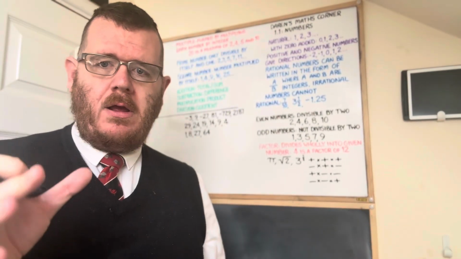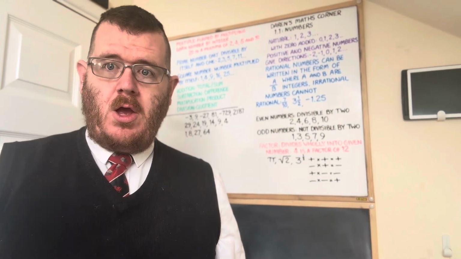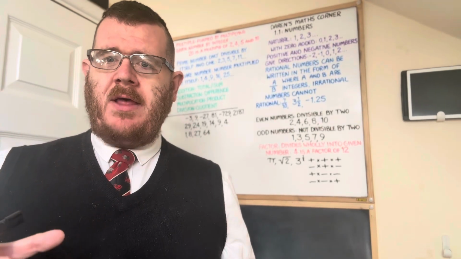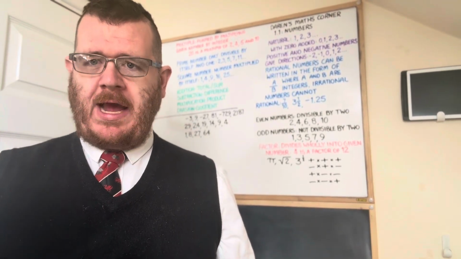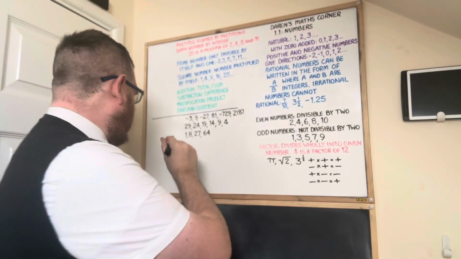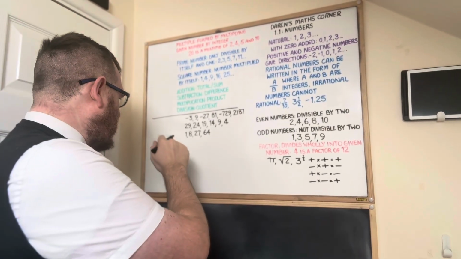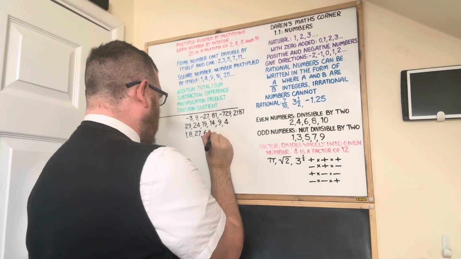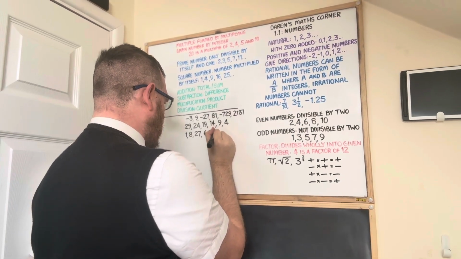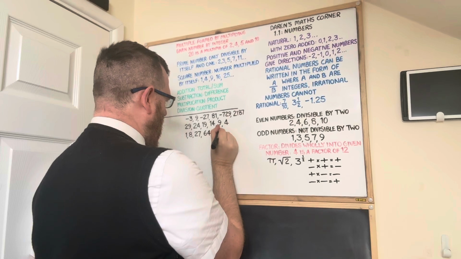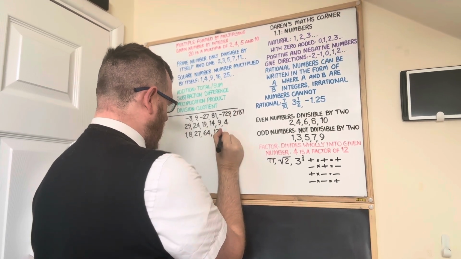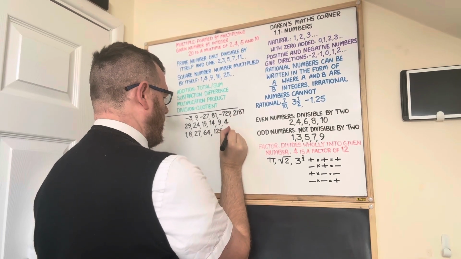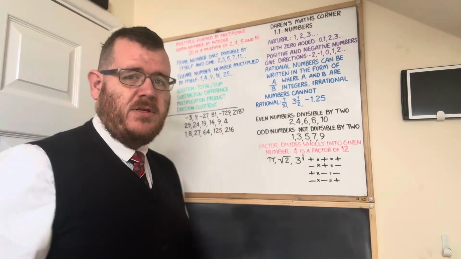And then we've got cube numbers, where you multiply again, so it's a number that's multiplied by itself twice. So that's 1 cubed, 2 cubed is 8, 3 cubed is 27, 4 cubed is 64, 5 cubed is 125, and 6 cubed is 216.